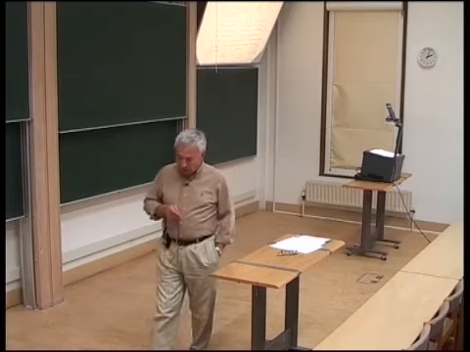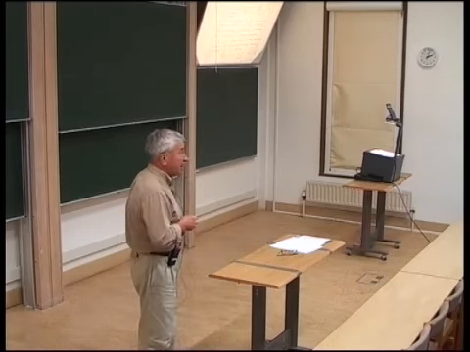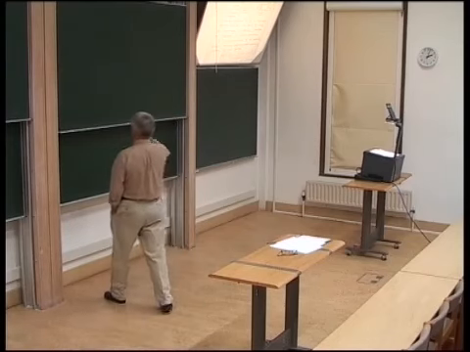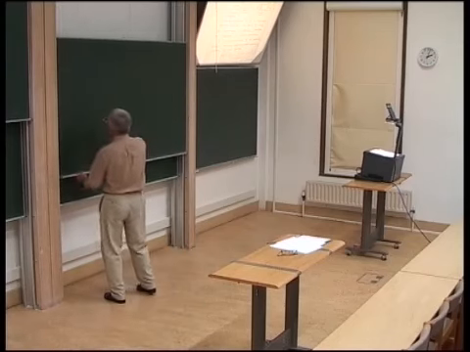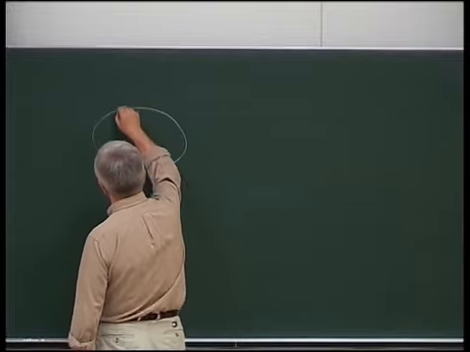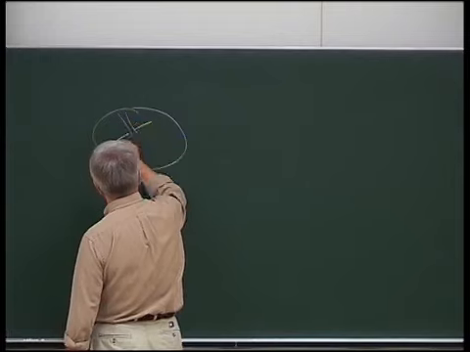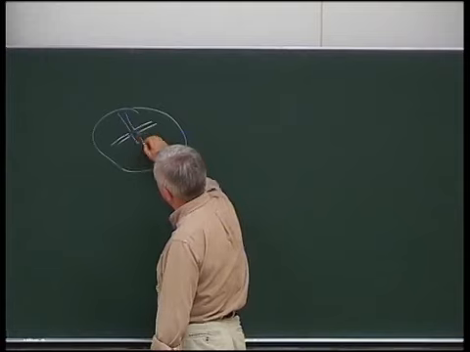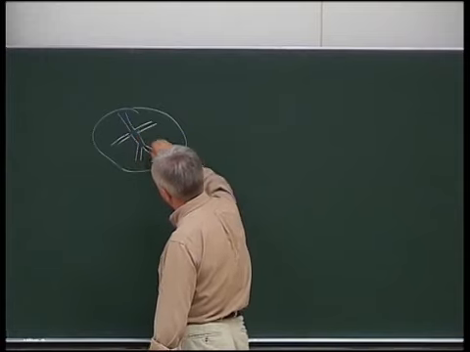We must solve some wave equation. More precisely, we have something like this. We have first of all some system with many channels which are branching and so on and so forth.